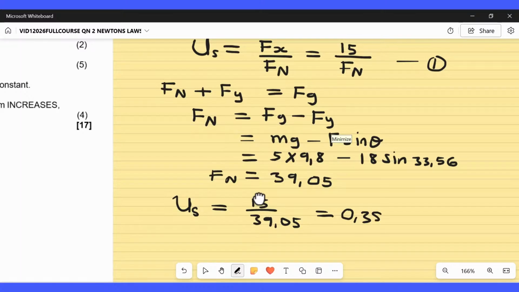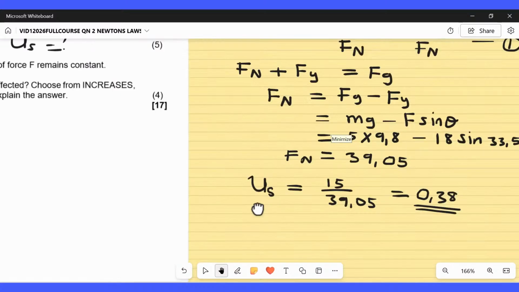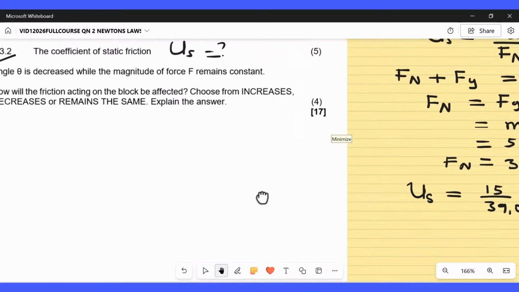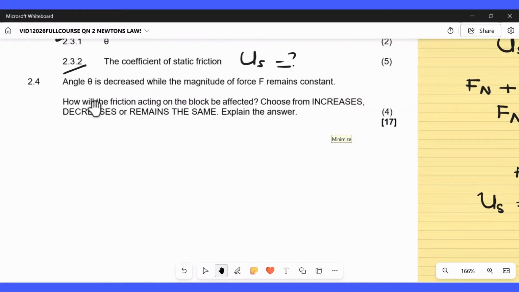Choose from increases, decreases, or remains the same. Explain your answer.